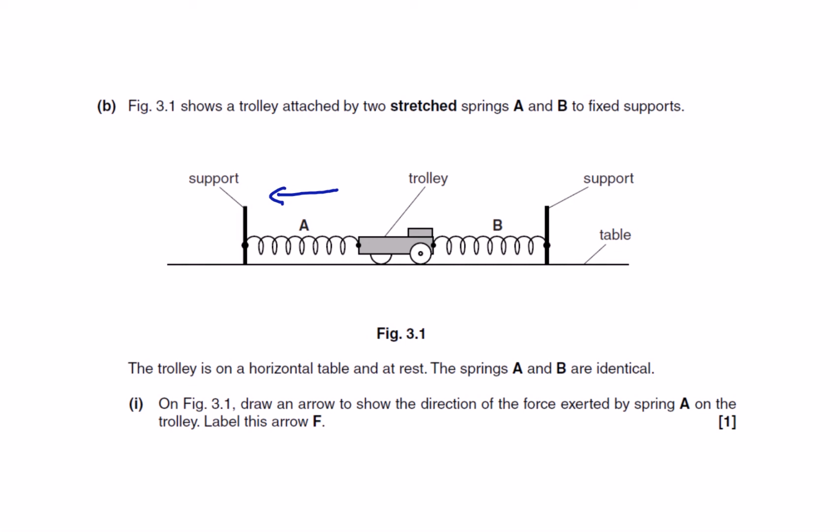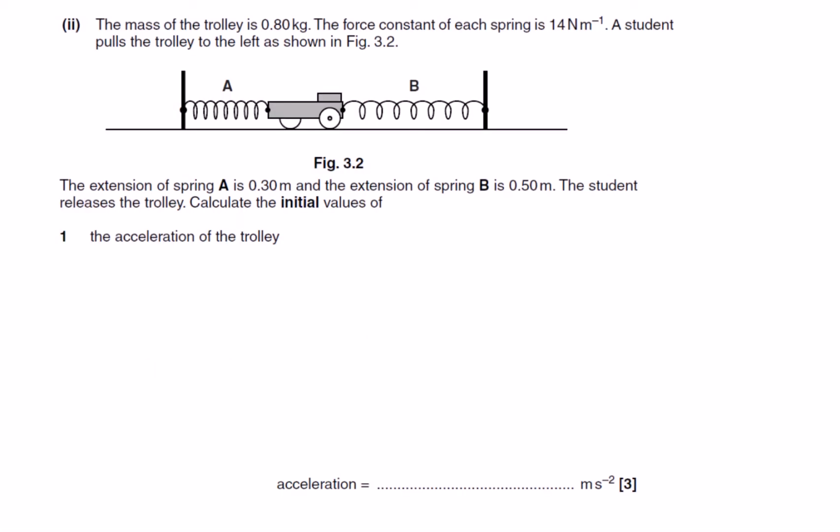And here we go now, part 2, which is also in a couple of parts. It's telling us the trolley is 0.8 kilograms. The force constant for each spring is 14 newtons per metre, and a student pulls the trolley to the left as shown, so they've just shoved it this way a little way. The extension of spring A is 0.3 metres, and the extension of spring B is 0.5 metres.